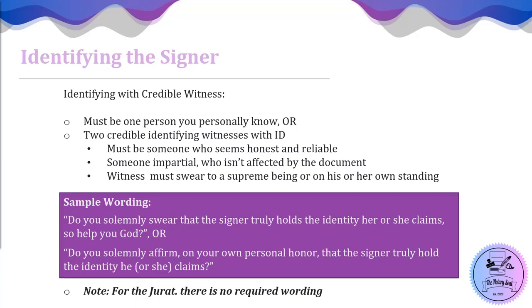Here you see some sample language that you could say: do you solemnly swear that the signer truly holds the identity he or she claims? So help you God. This is one example. You don't have to say that, but it is something you can say. Another example is, do you solemnly affirm on your own personal honor that the signer truly holds the identity he or she claims? Okay.